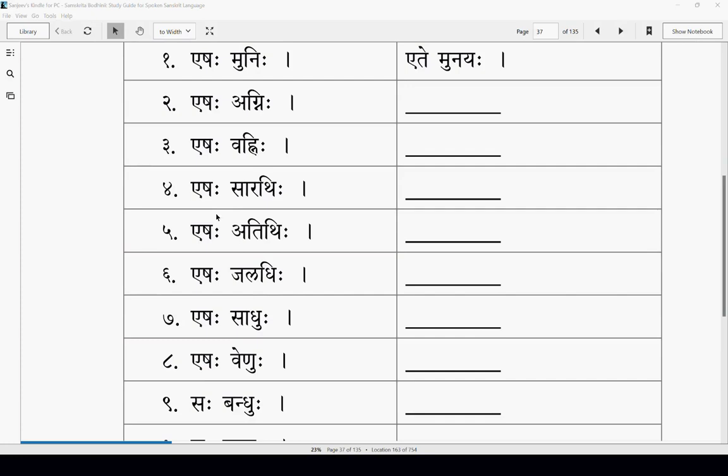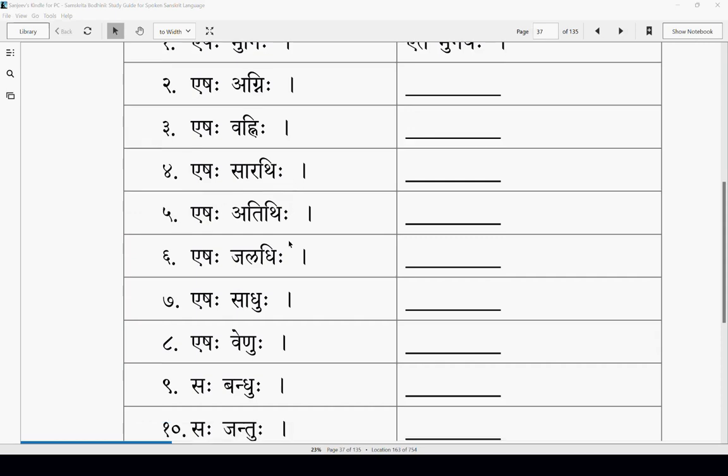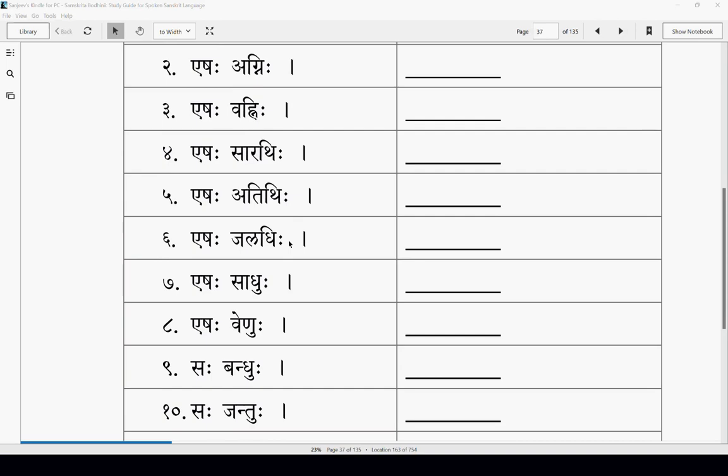Sarathi is one who drives a chariot. Atithi is a guest.